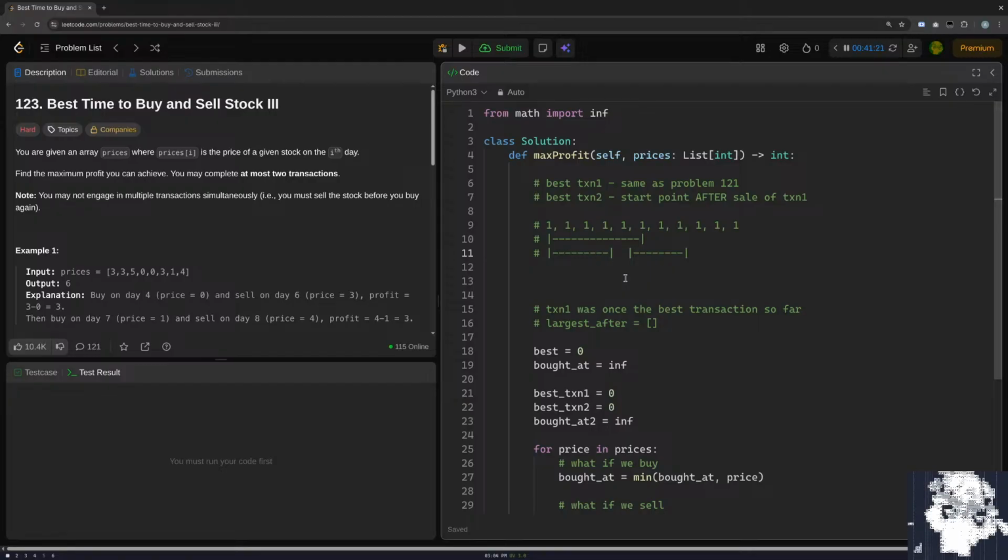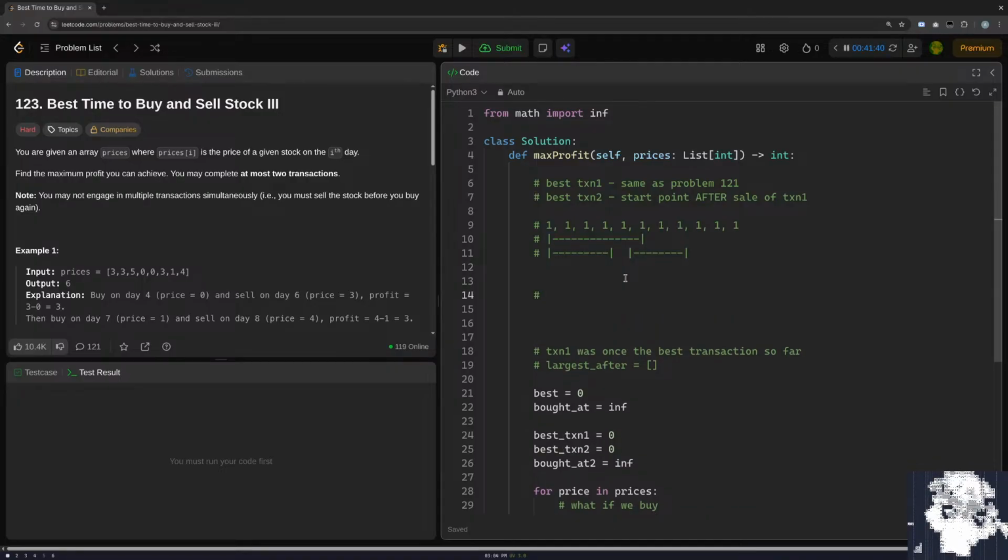So we generate our candidates. Let's say we did generate our left candidates and the right candidates. Maybe there's a way to match them faster.